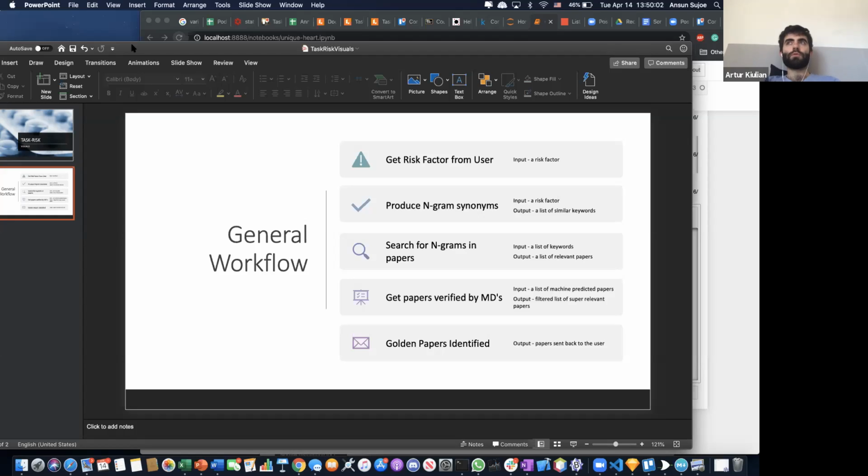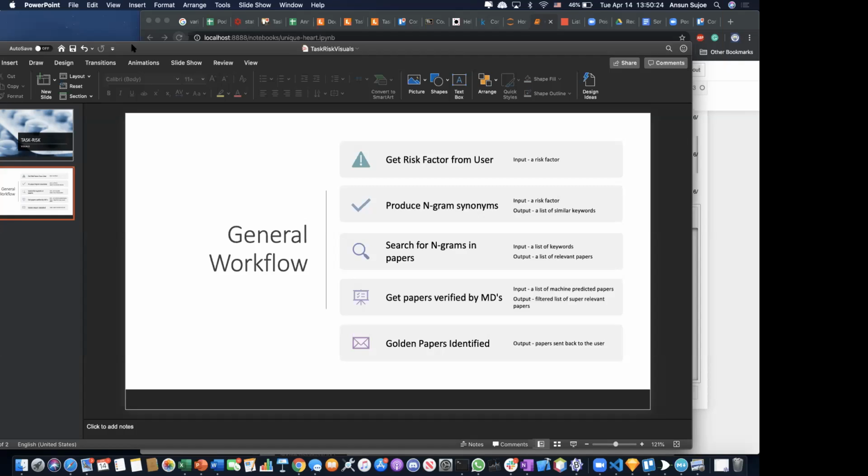Okay, so this makes sense. We're taking heart disease risk factors as a case study for the task overview and our methodology. Here's the piece that is missing from this kind of high-level overview.